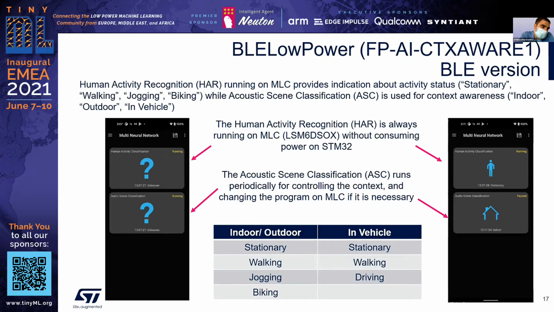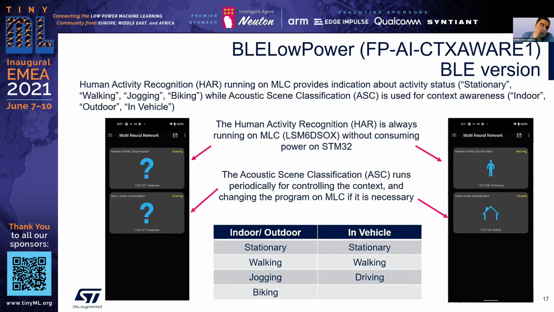Basically, the logic of this application is that normally only the human activity recognition is running, and the microcontroller is put in stop mode. In this way, we can save the battery of our device. Then when the activity recognition changes state, it triggers the audio scene classification. And so this algorithm can give one of the three possible outputs.